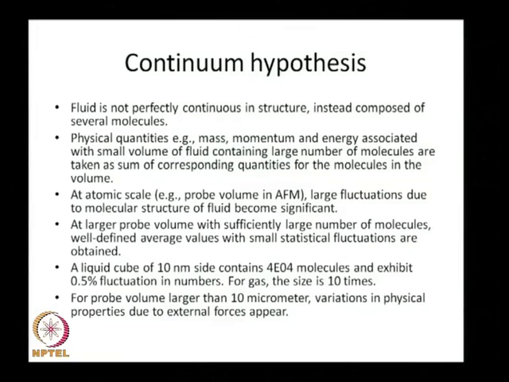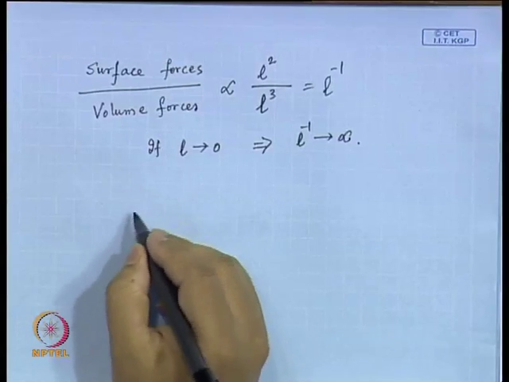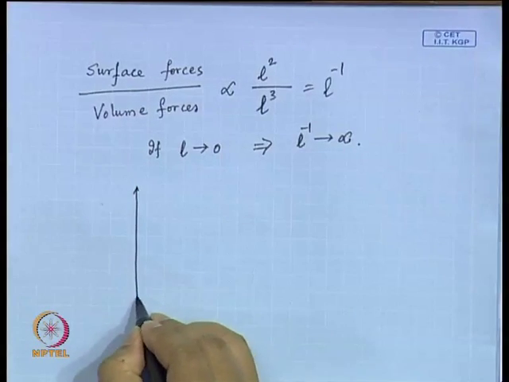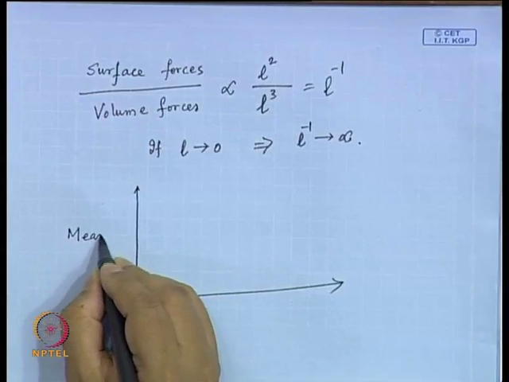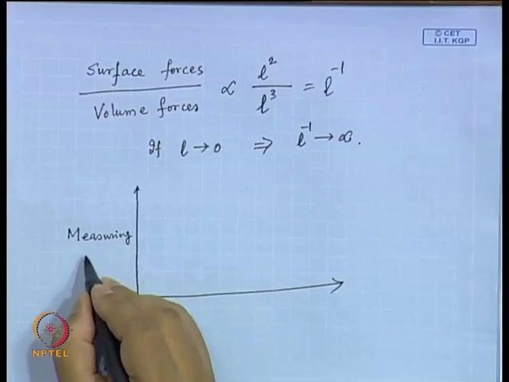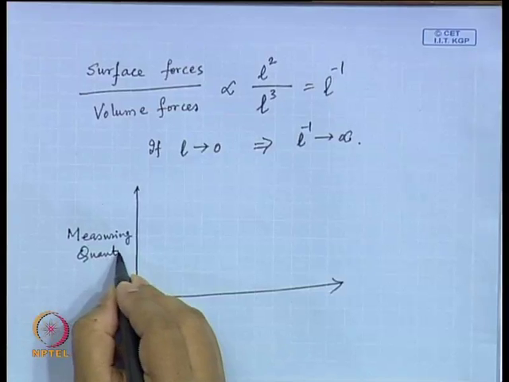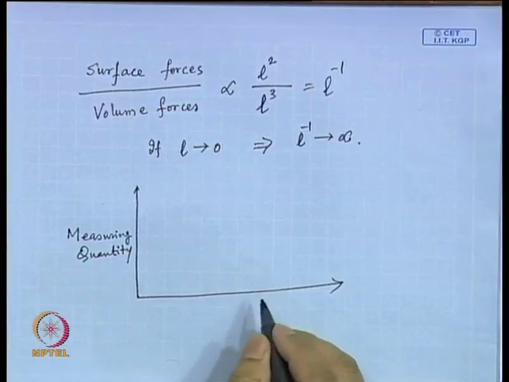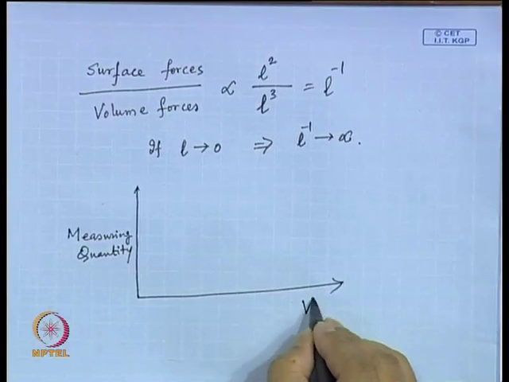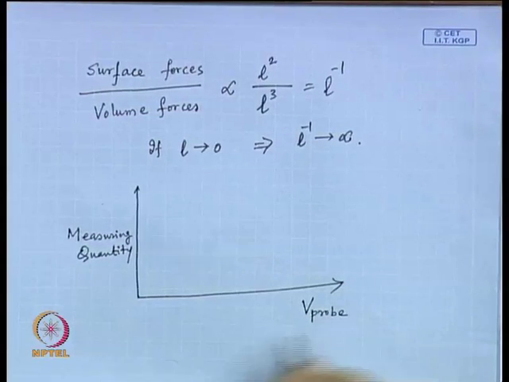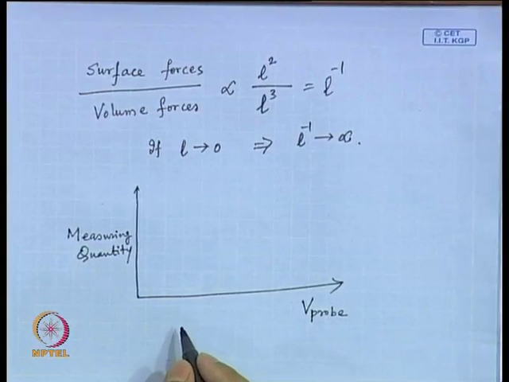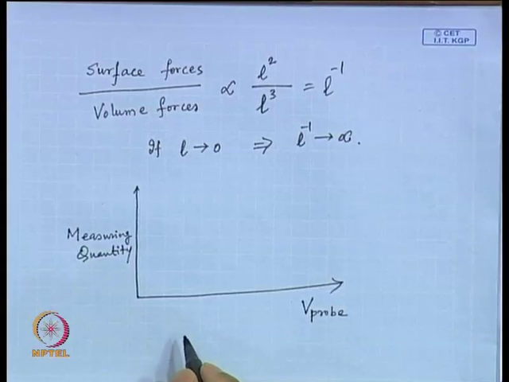Now, if you plot something called the measuring quantity on the y axis, and on the x axis the volume of the probe, you are using a probe to find out what is the density or what is the pressure at a point.